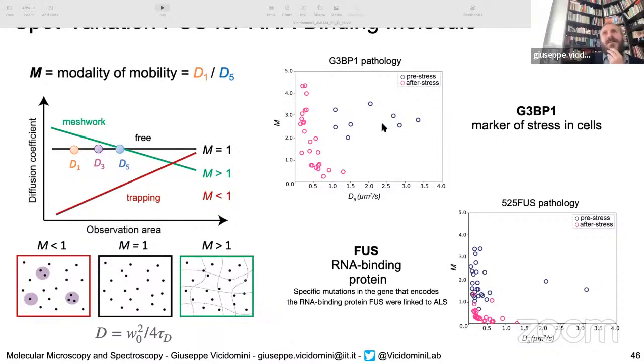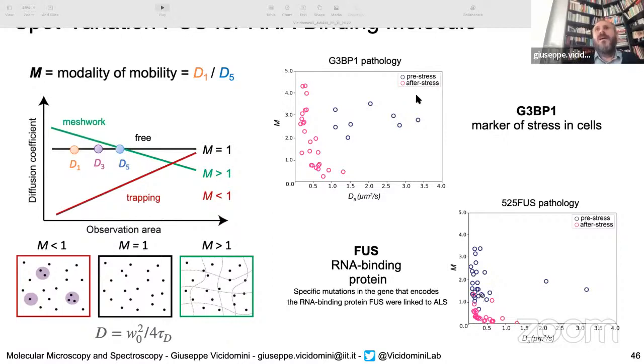As you can see here, there is a complete change of the dynamics of the G3BP1 after and before the stress, as I showed you before. Interestingly, in this case, there is a change of the dynamics, a change of the diffusion coefficient, and also a change of the mobility. In the case of FUS, having a conventional FCS measurement was not useful, because when you apply the stress, there is no change in the diffusion coefficient, but there is only a change in the modality of the diffusion.